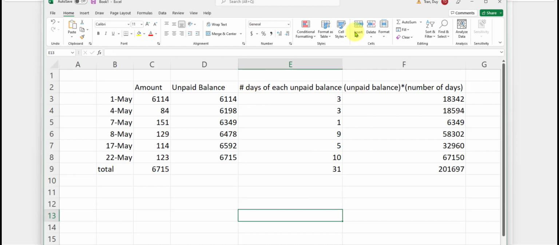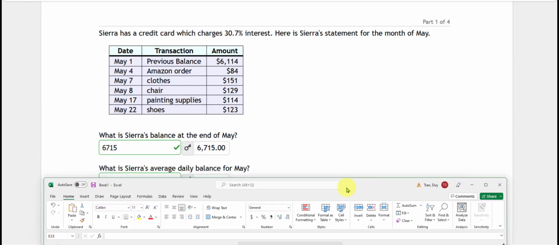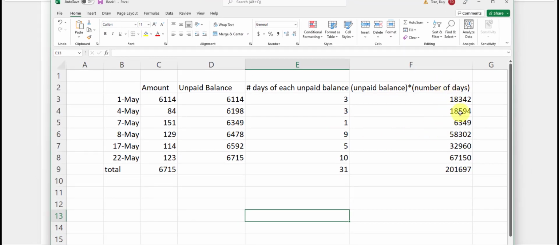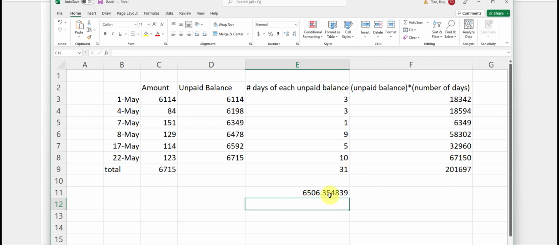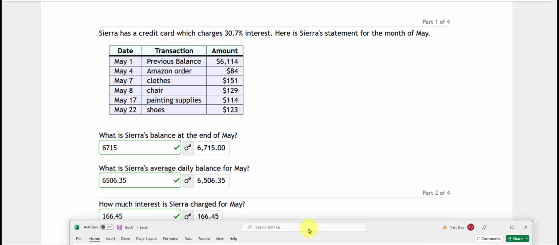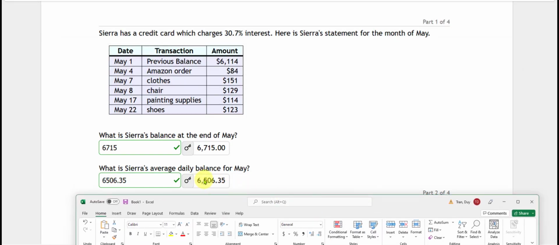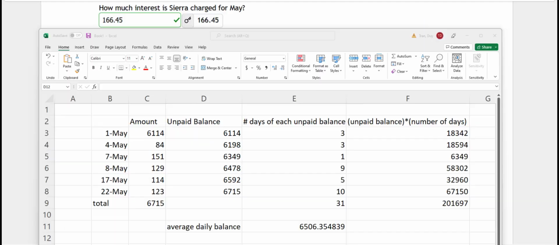And then the last step is to find the average daily balance for May. We just take the final value over here, press equal, and then take this value total and divide by 31, press equal, and that would be this amount, 6506.35. And that is here, 6506.35.